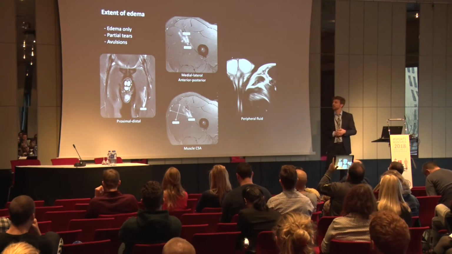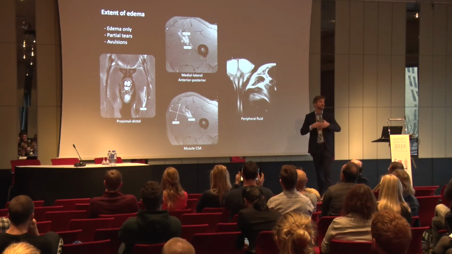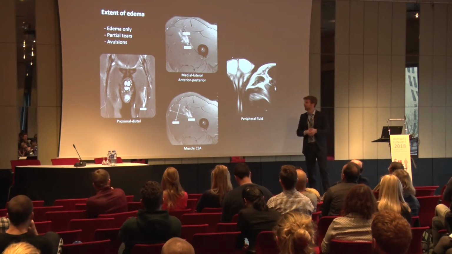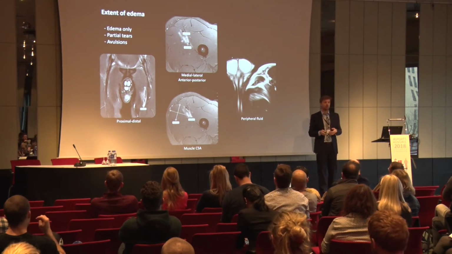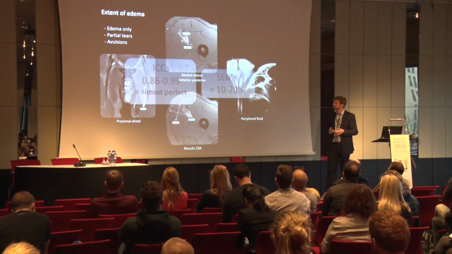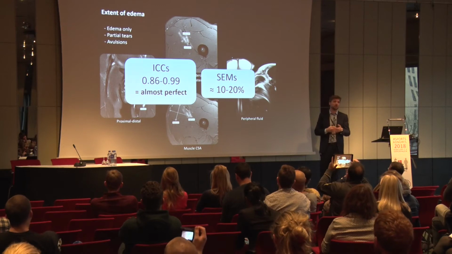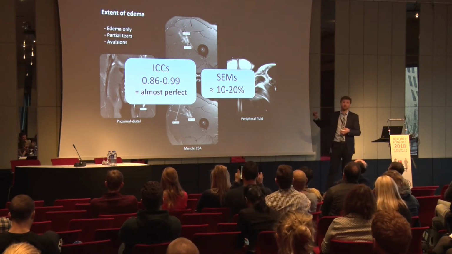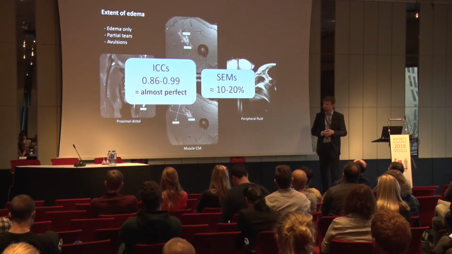We also scored the more detailed measures of the edema, so the extent of the injuries in millimeters, proximal and distal. We measured the cross-sectional area of the muscle and so on, and did the same process to see how good they are and how reproducible. And we saw the same almost perfect reproducibility, really good at reproducing the results, and only very minor variations in their small scoring measures.